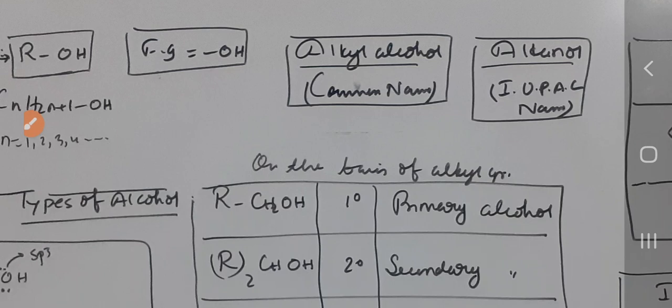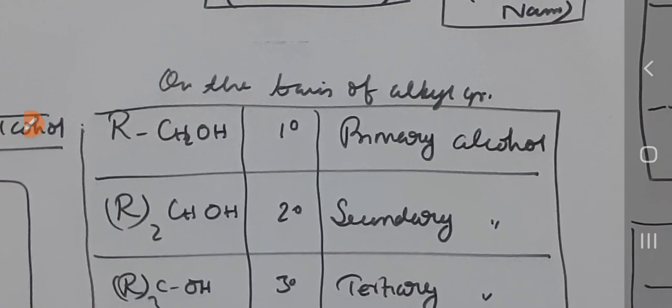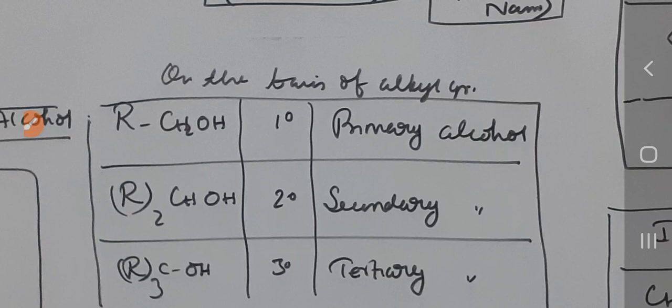Now move on to the next part, classification of alcohol. Alcohols are classified into various categories. The first classification is made on the basis of the alkyl group.